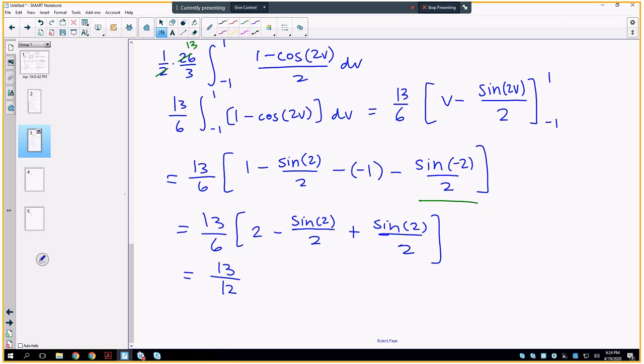So you might have noticed I made a little tiny sign error there, a couple of steps before the end. When I evaluated at my upper bound of 1, that's here, then I need to subtract evaluating at the lower bound, so this should have been a plus because it's minus times minus. So that means that when I use the odd function property, I just get minus, so 13 over 12, and then minus sine of 2.